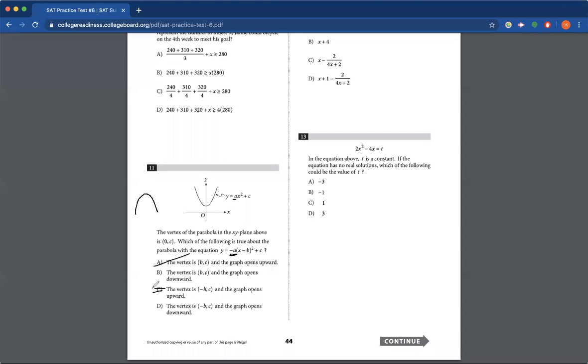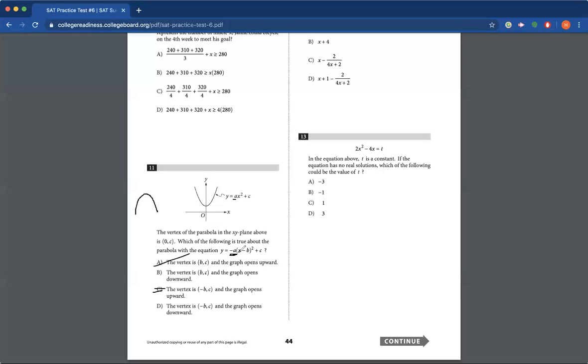So basically how the vertex works is this is going to be your y value of the vertex, and this is going to be your x value of the vertex. Now remember, we do not take the b, we take the negative b.